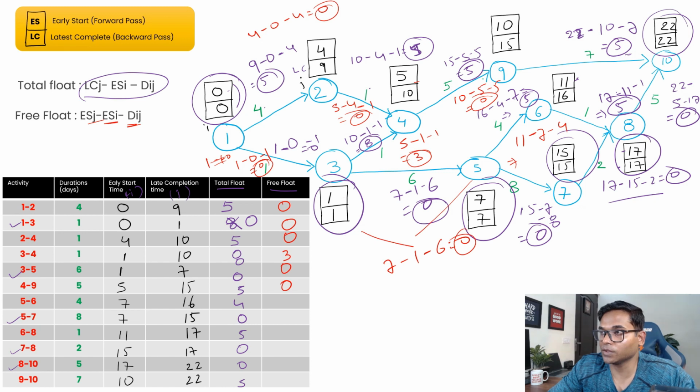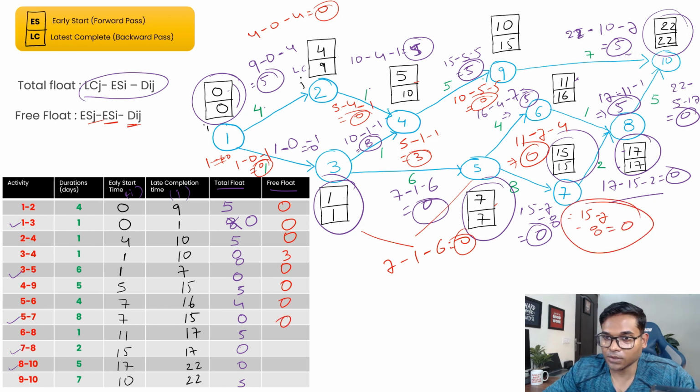It should give you 7 plus 4, 11, which means it's a 0 for this part, 5 to 6. Then 5 to 7. 5 to 7 we have this one, so here if you see 15, then this is 7 minus 8 and it's 0, and this is a critical path, so it should be 0.